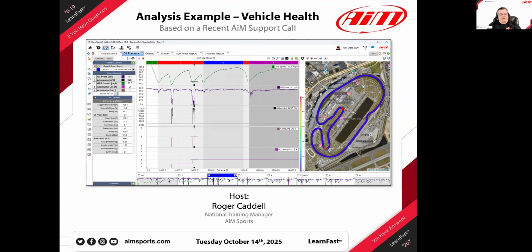This one, we're going to talk a little bit about digging into an analysis example on vehicle health. But we're going to do it based on a little bit of a storyline, based on some recent AIM support calls that I worked with a gentleman on, and we're going to walk through the process of how we started to chat about things, where the interaction went, and where we ended up.